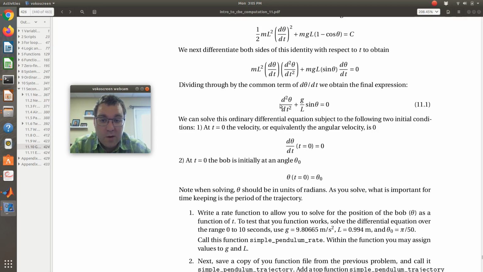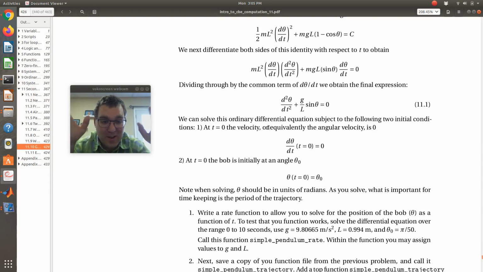So in this case, I would introduce some intermediate variable, call it v theta, whatever you want. Say v is defined as d theta dt, so that this becomes dv dt plus g over L sine theta is equal to 0. It's harder without a piece of paper.